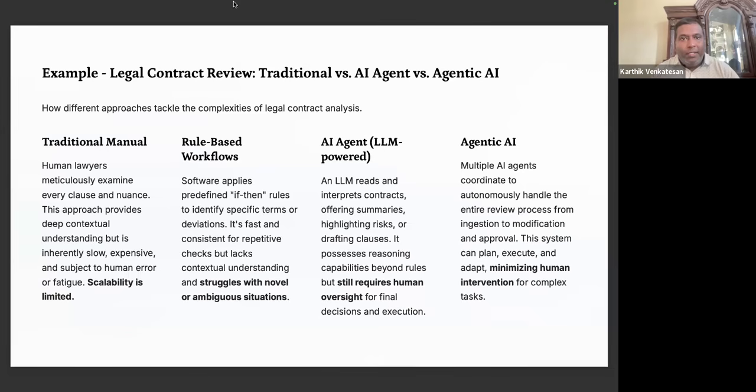Okay, let me see. I see some questions. How are these AI agents and agentic AI implemented? Yeah, I'll cover that later. At a high level, yes, there are frameworks: LangChain, LangGraph, LlamaIndex, a set of frameworks and tools, LangSmith. That's how you build AI agents and agentic AI.